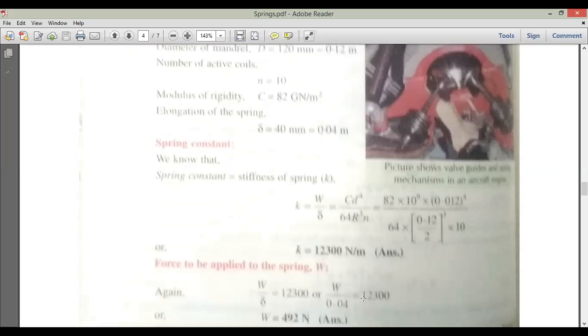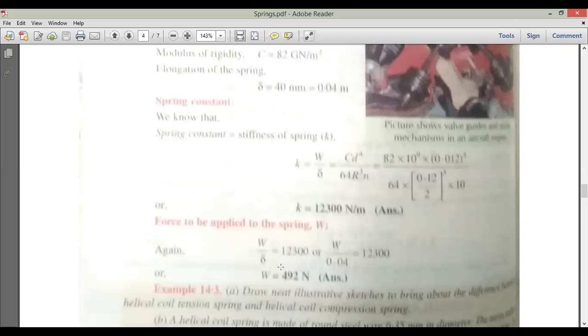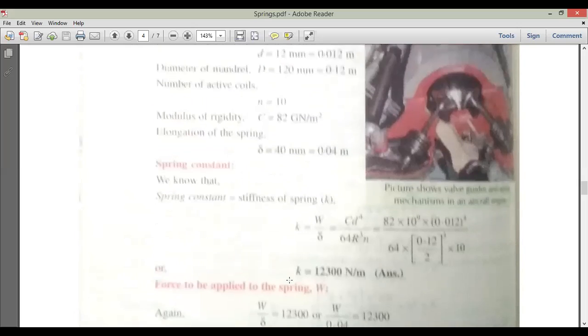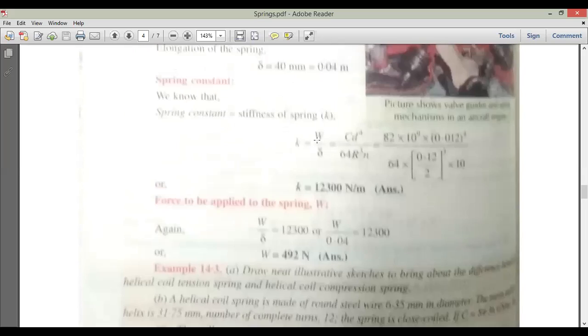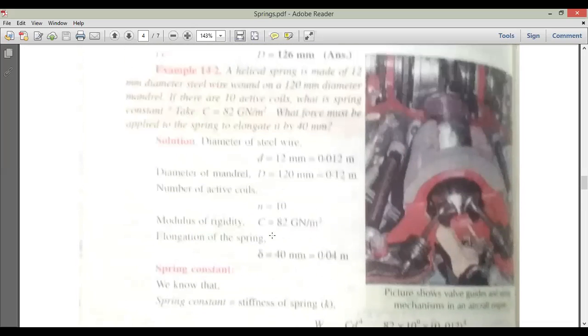Force to be applied to the spring: W by delta is equal to 12,300, or W by 0.04 is 12,300. So weight is 492 Newton. This way we have found the spring constant, and then we have found the weight W that is to be applied, that is 492 Newton.